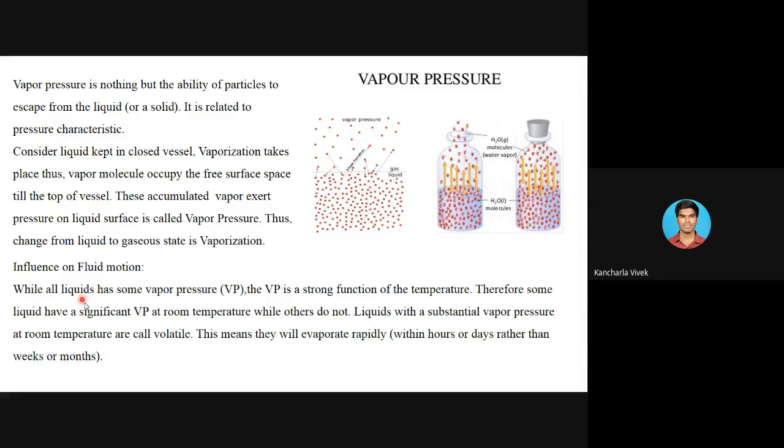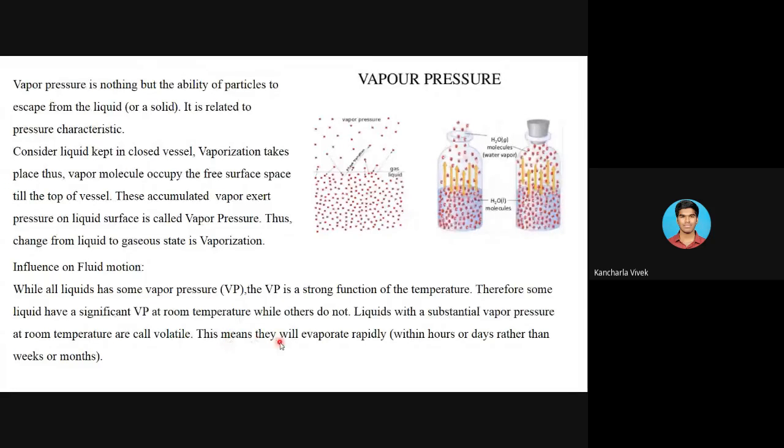All liquids have some vapor pressure, Vp, which is a strong function of temperature. Some liquids have a significantly higher vapor pressure at room temperature, while other liquids might not. Liquids with a significant vapor pressure at room temperature are called volatile.